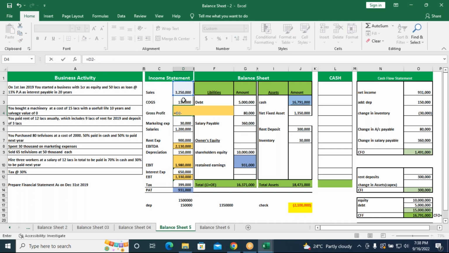This one. 30,000, 1 lakh 20,000. Yes. Depreciation 1 lakh 50,000.